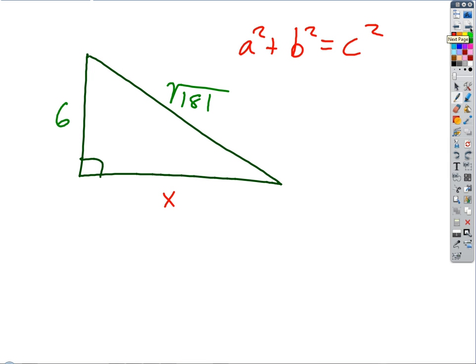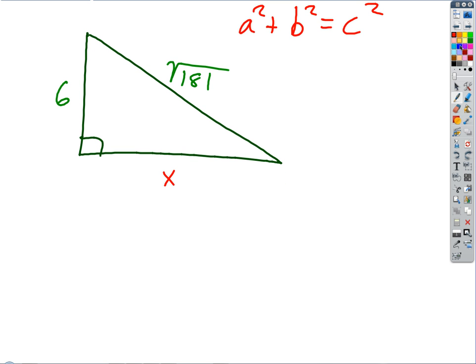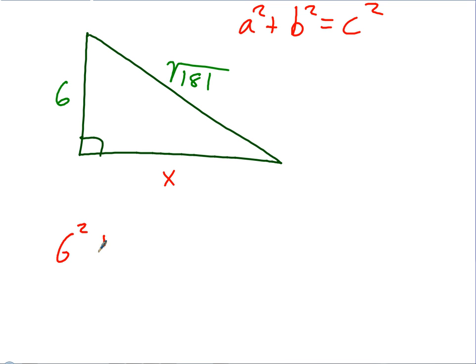Okay, so what does the Pythagorean theorem tell me about that? What equation can I set up? Okay, say it again. 6 squared, right? Plus, because that's like A, plus, well no, that's the hypotenuse. That's got to be on the other side. That's the big one.